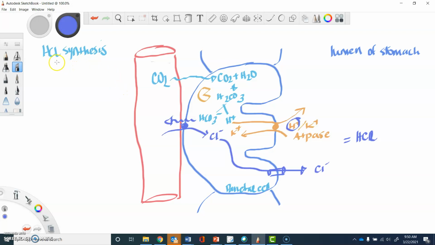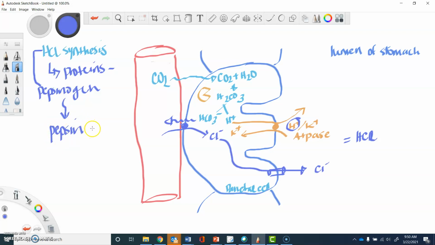Don't forget hydrochloric acid. What do we need that for? When you eat proteins, we get pepsinogen released in the stomach, and when it combines with hydrochloric acid, it is activated into pepsin.